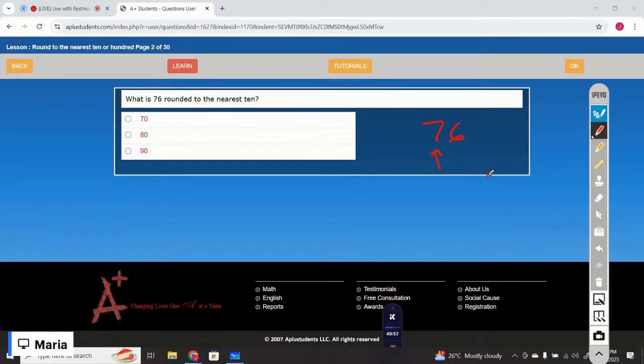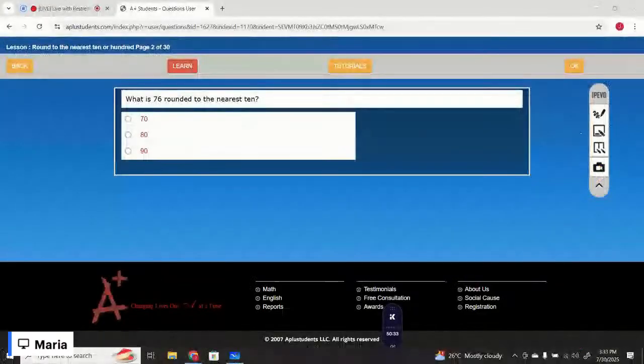And on the right hand side of 7, we have 6. 6 is greater than 5, so we need to round up. It would be 80.